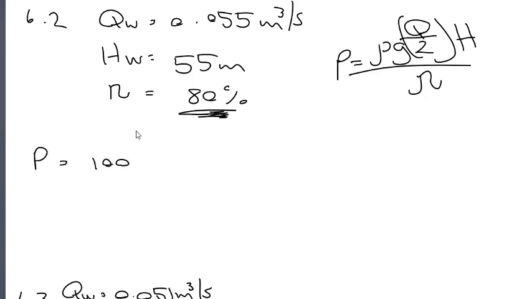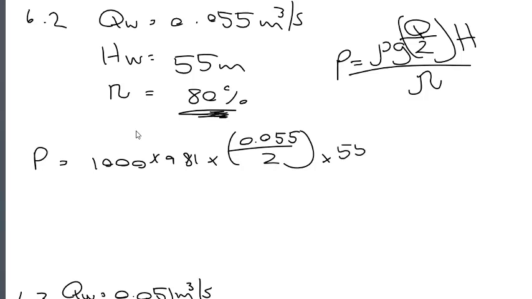Your calculation will look something like this. The power you first calculate will be for one pump. So it will be 1000 times 9.81 times your Q value, which is 0.055 divided by 2, times your H value, which is 55, divided by the efficiency, which is 0.8.